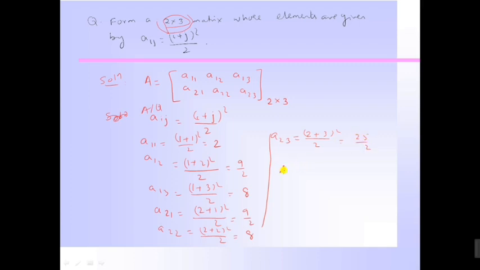Now if I write A, I write all the elements together. First row: 2, 9 by 2, 8. Second row: 9 by 2, 8 and 25 by 2. So this is the answer to this type of question.